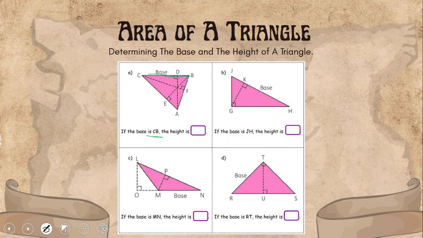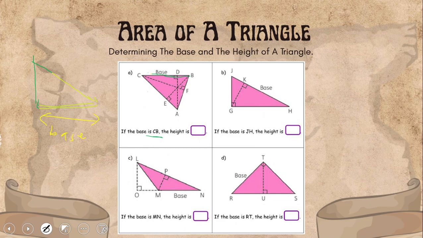Always remember for a triangle, this is your triangle. If this is your base, then your height will be 90 degrees to the base.